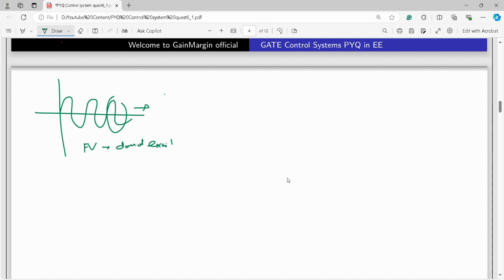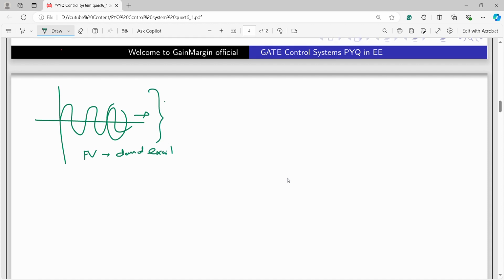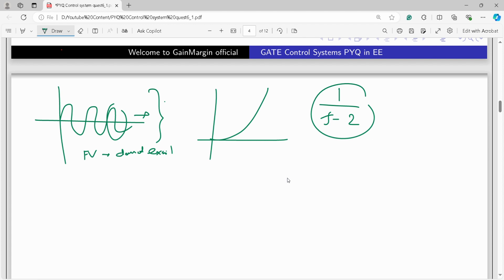And one more thing we will discuss. If the system behaves like that, it means our pole will be in the right-hand plane, 1/(s−2), so it will diverge. So here the final value will be infinity, if you see the curve, because it is going to diverge.